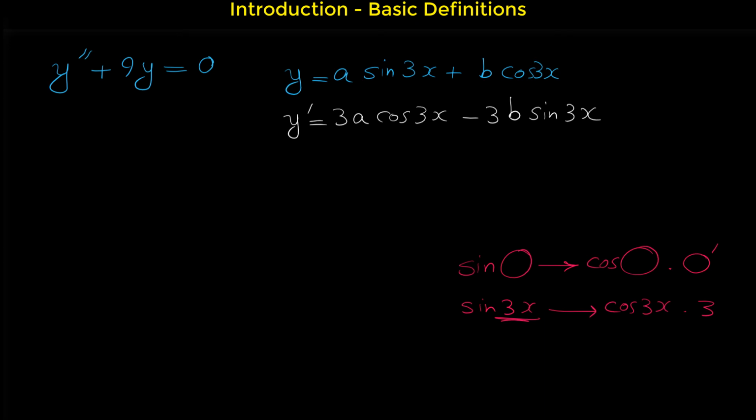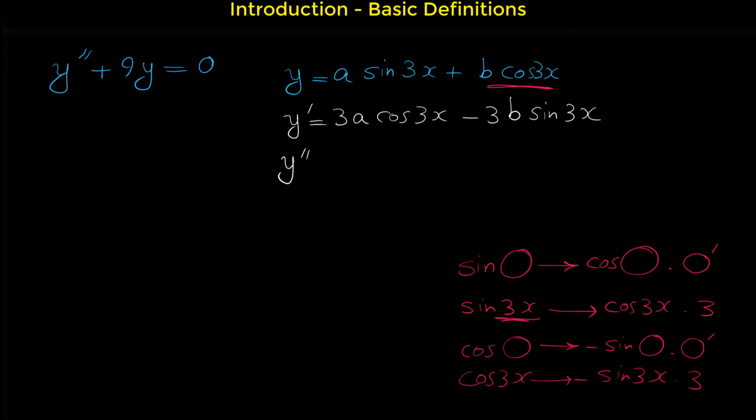And the derivative of cosine of some function is negative sine of the same thing times, again, the derivative of inside. So the derivative of cosine of 3x is negative sine of 3x times the derivative of the inside function, which is 3.